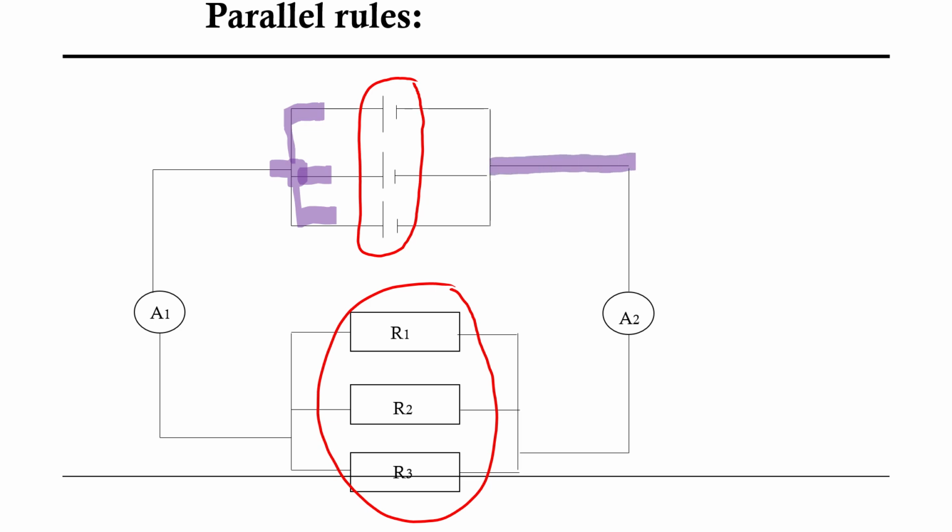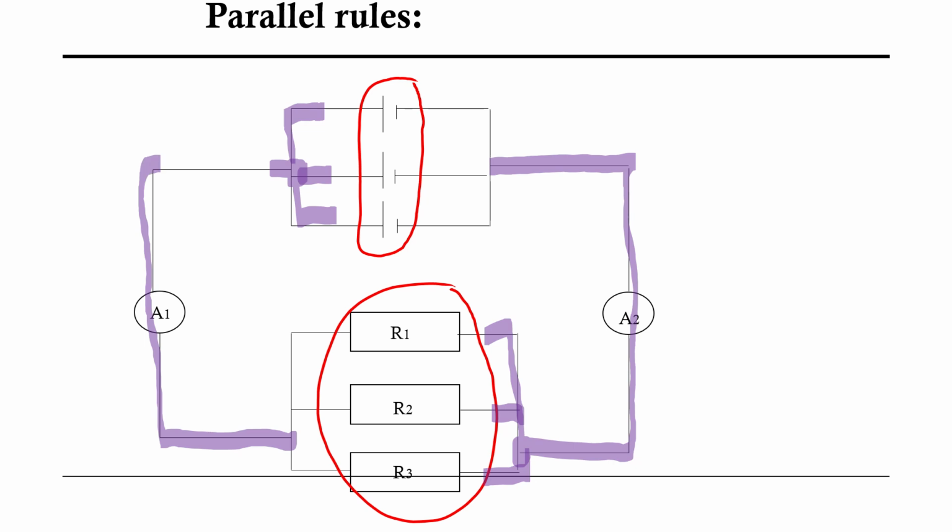We then go with our highlighter, ammeter is in series. I then get to this point and my highlighter has to split into 3, which means these 3 are in parallel. Okay, I then get back here, I go through the ammeter, which is in series, and I go back again.